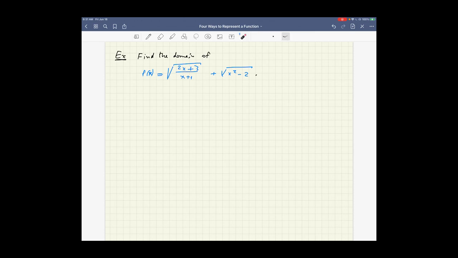Right? So the square roots can only be taken of non-negative numbers, and the fraction only makes sense when the denominator is not 0. So we are solving the system: 2x plus 3 over x plus 1 is non-negative, and x squared minus 2 is non-negative.